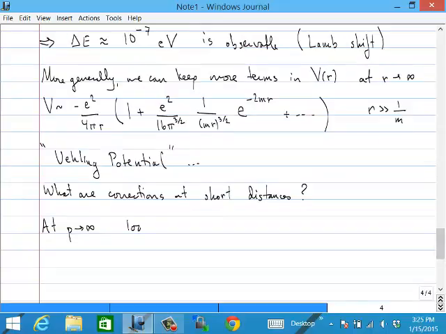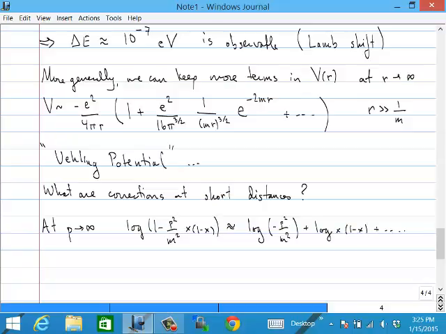So we have a log of 1 minus p squared over m squared, x times 1 minus x. At large p, that just looks like log of minus p squared over m squared, plus log of x times 1 minus x, then plus various terms that vanish as we take p to infinity.